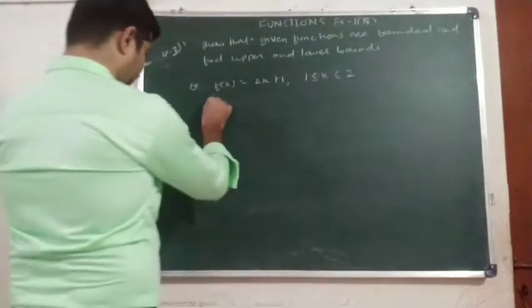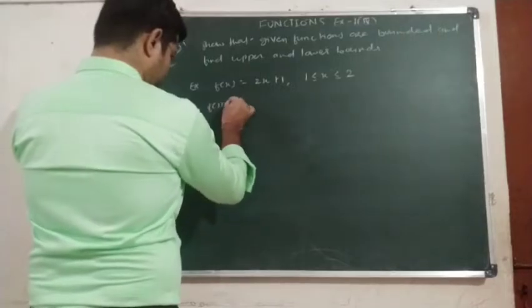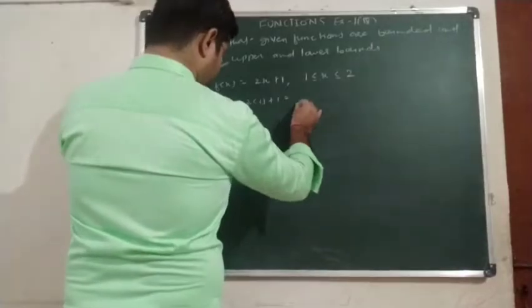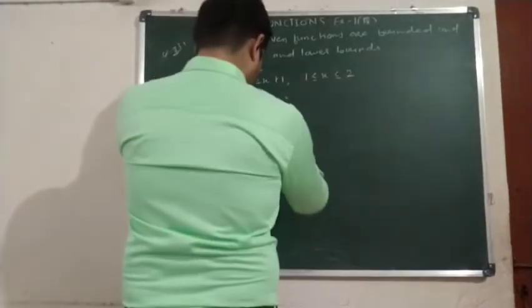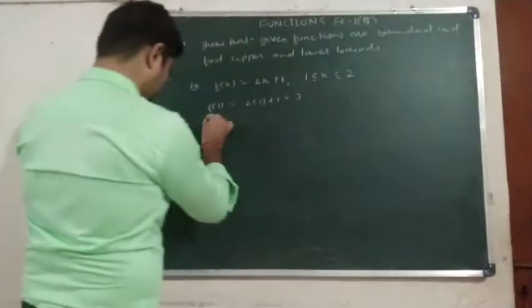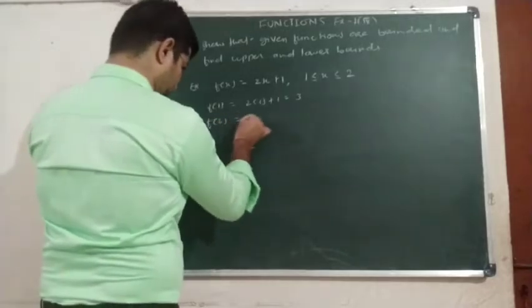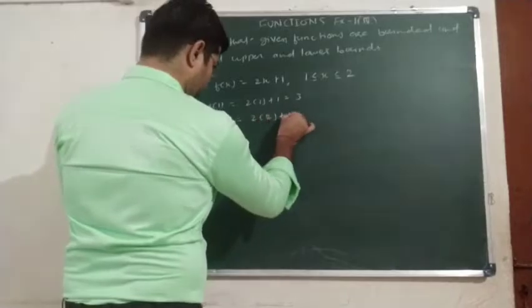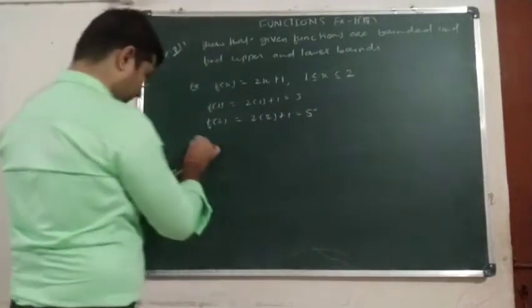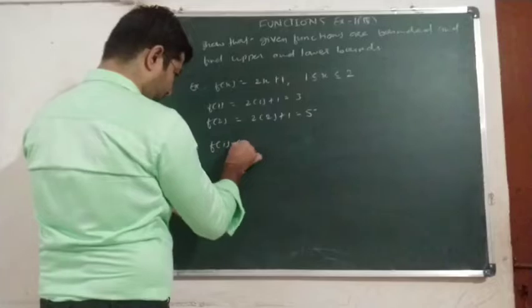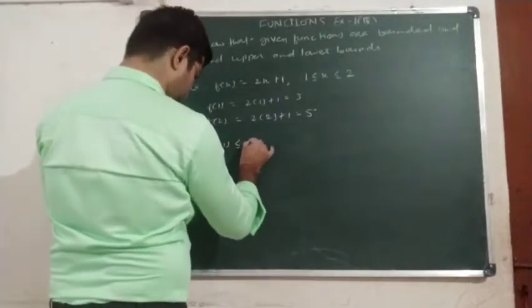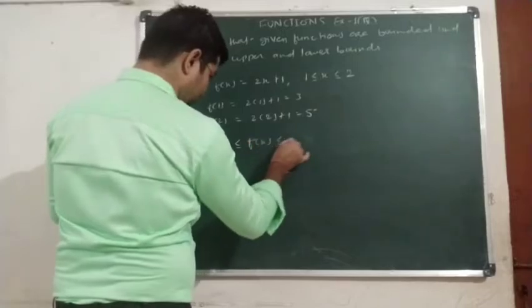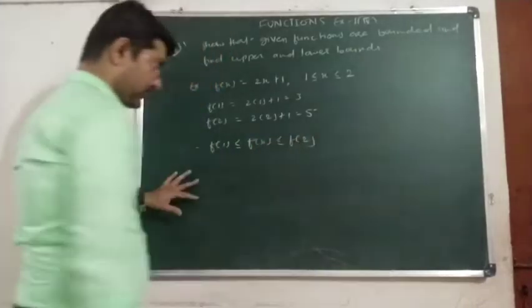So we will find out f of 1 is equal to 2 into 1 plus 1, so 3, and f of 2 will be equal to 2 into 2 plus 1 is equal to 5, and therefore we can write f of 1 is less than or equal to f of x is less than or equal to f of 2.